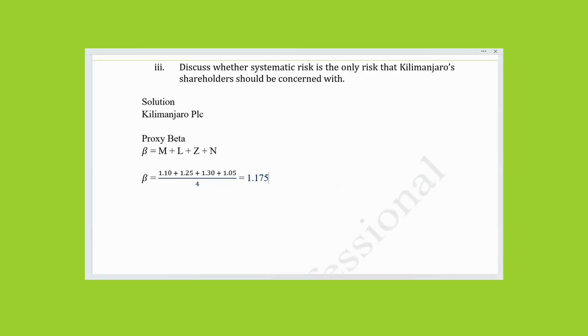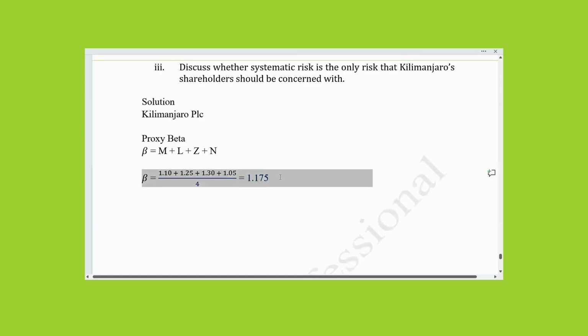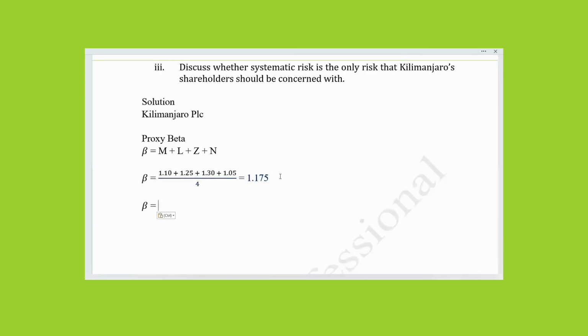According to the question, the betas given to us are in 2 decimal points, so we can restrict this to 2 decimal points. We can then say our average beta is equal to 1.18.